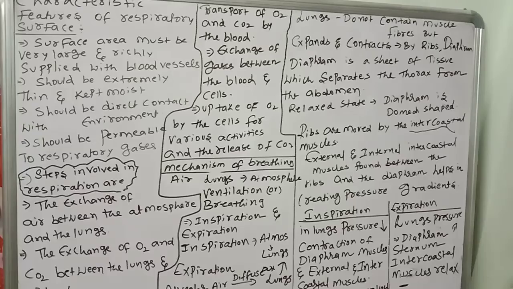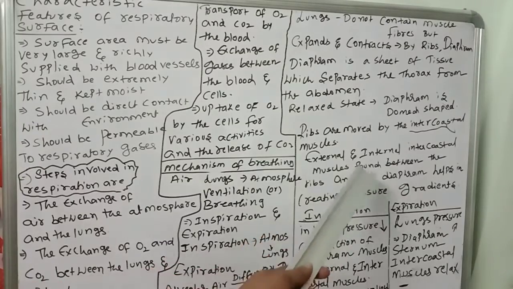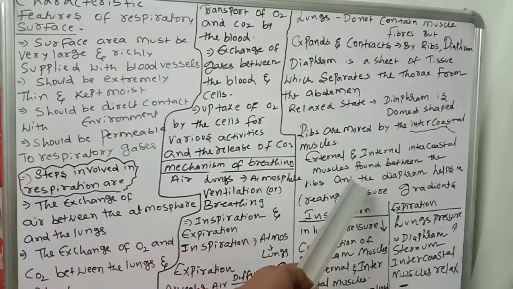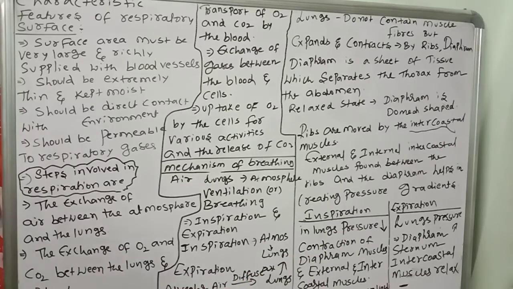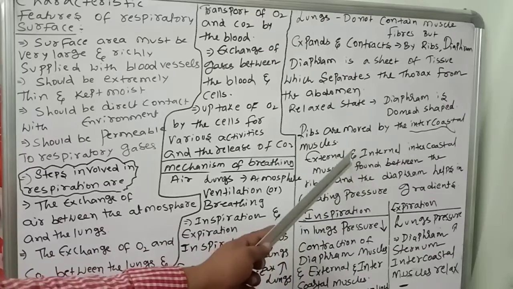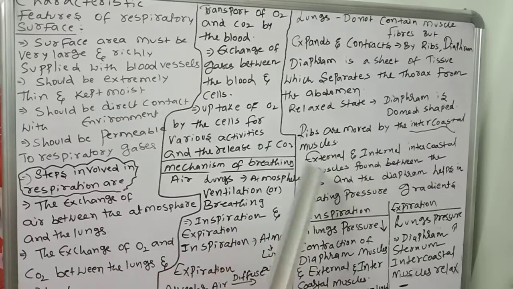The external and internal intercostal muscles are found between the ribs, and these muscles and the diaphragm help in creating pressure gradients. This is very important.